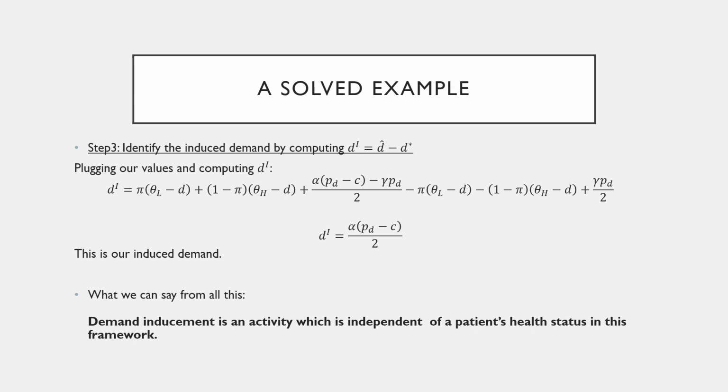So we're going to say the following: demand inducement is an activity which is independent of our patient status in this framework. So this is something that is quite remarkable. Even though our clinician is going to be facing uncertainty, he is still going to be engaging in the same type of demand inducement behavior that he would engage in compared to the case where there would be no risk. So this is actually quite remarkable.